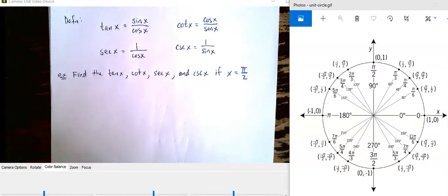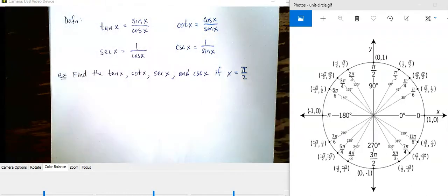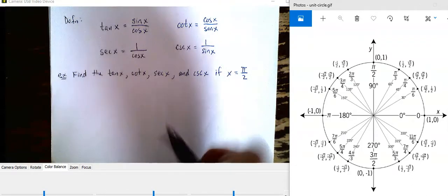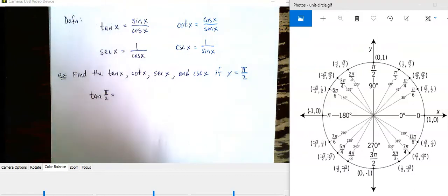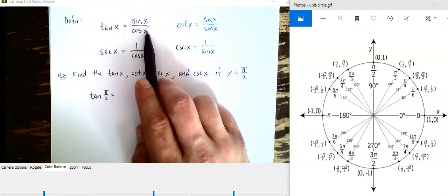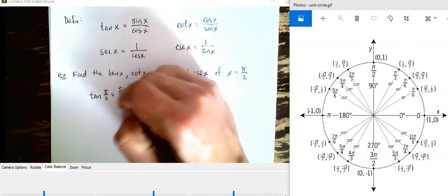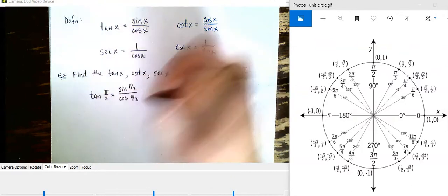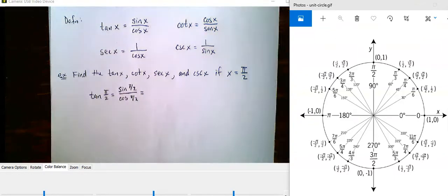So using our unit circle, we can generate these values by just plugging into these identities here. Okay. So let's look at the tangent of pi over 2. The tangent at pi over 2 is equivalent to the sine at pi over 2 divided by the cosine at pi over 2. Sine at pi over 2 divided by cosine at pi over 2. This is equal to, now let's go to our unit circle.